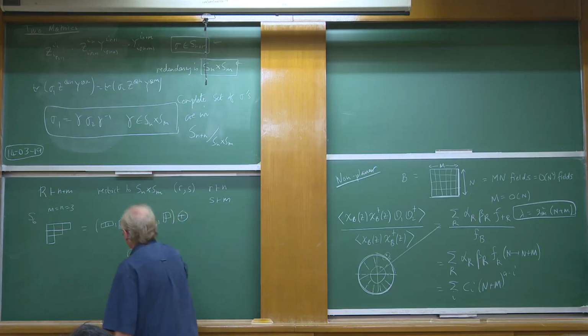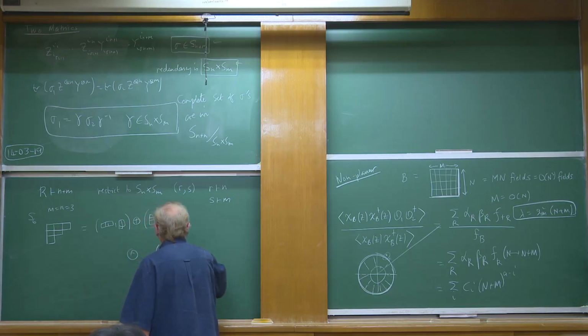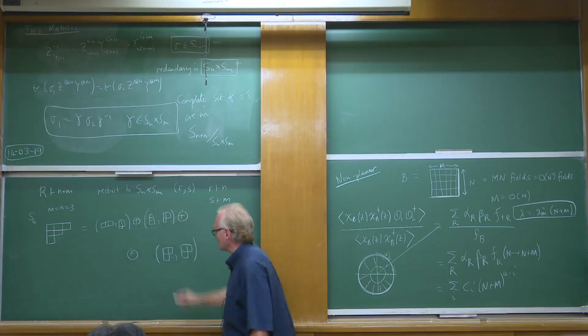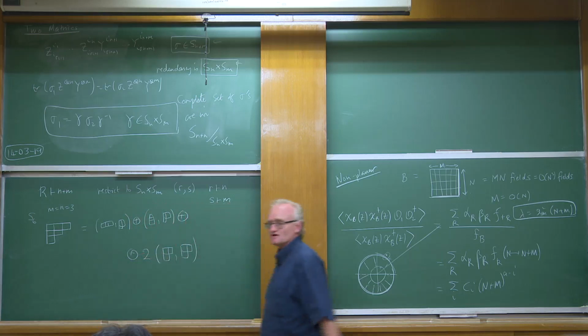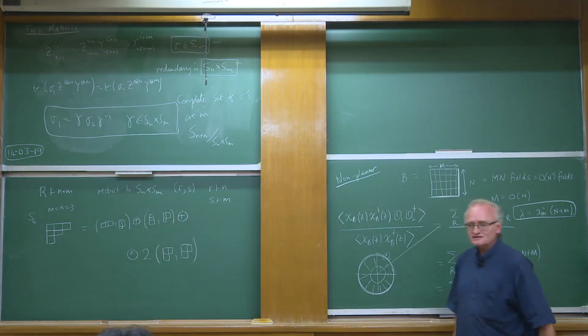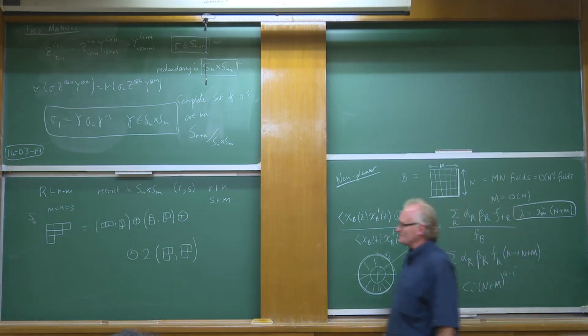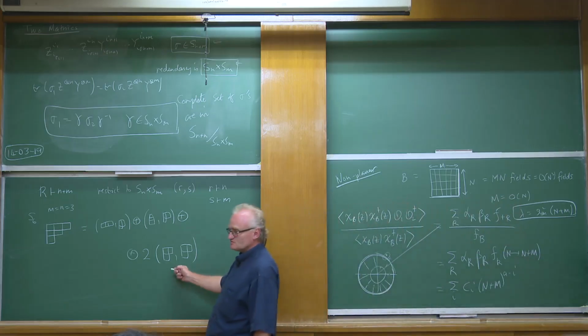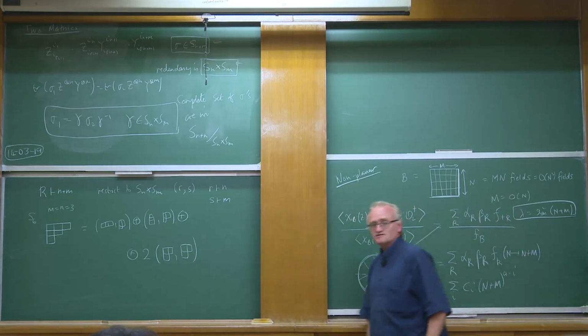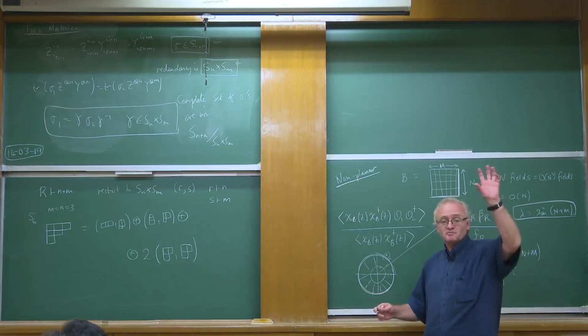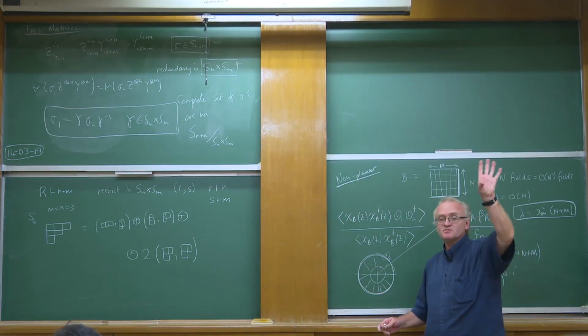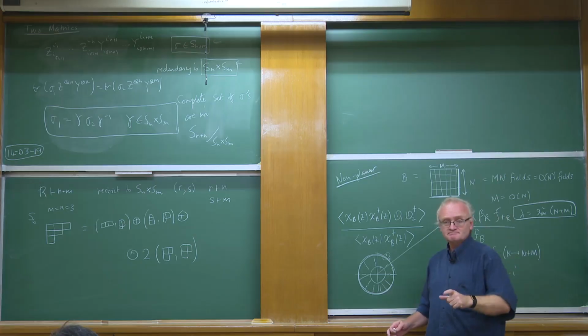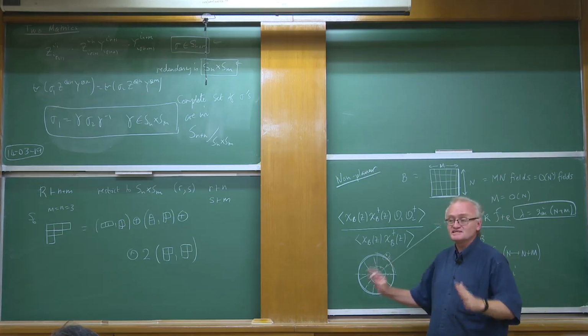But what is important is this representation appears, but not just once, it appears twice. So now you not only have to keep track of which representation of the subgroup you are talking about, you also have to talk about which copy of that representation. It may appear more than once. So we're going to need a multiplicity label now as well.